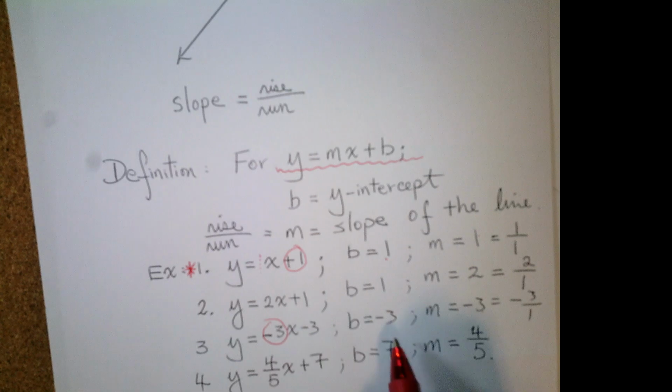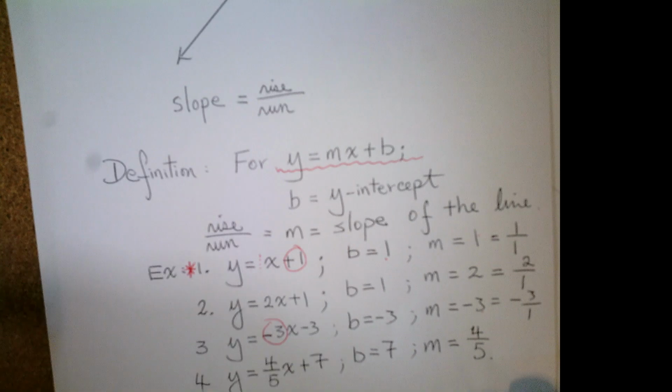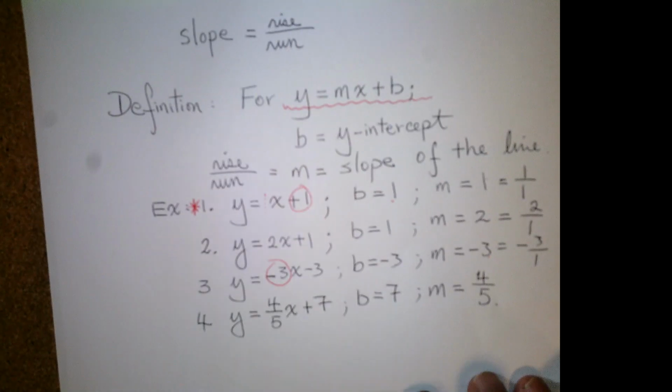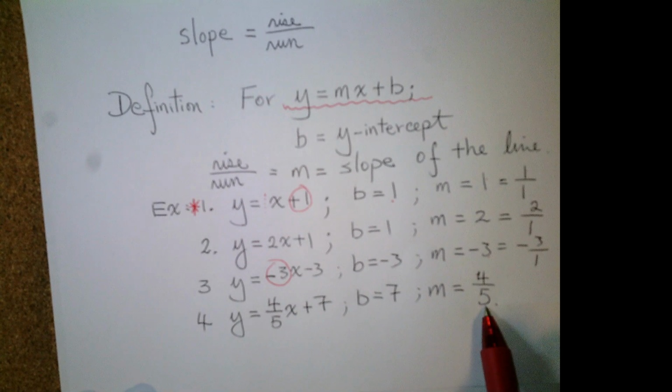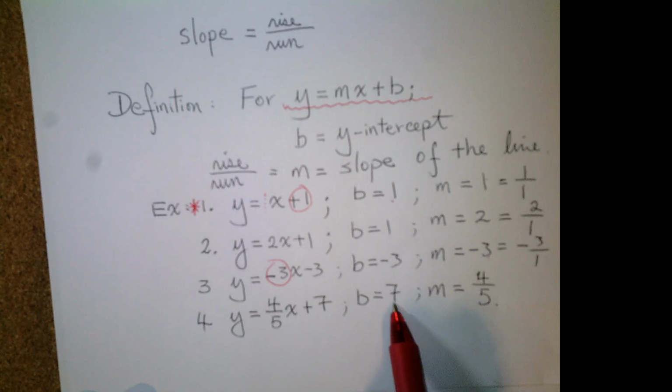I am going to show you, of course, on the attached sheet which I sent you this morning. Okay? Number 4. So 4 over 5, it's the slope. B is 7, the y-intercept.